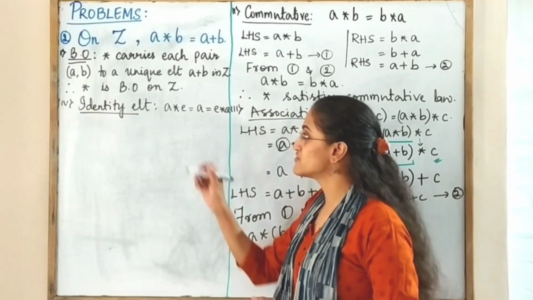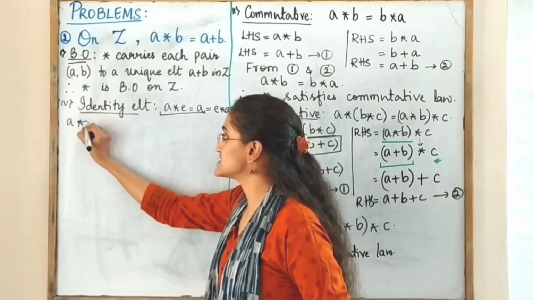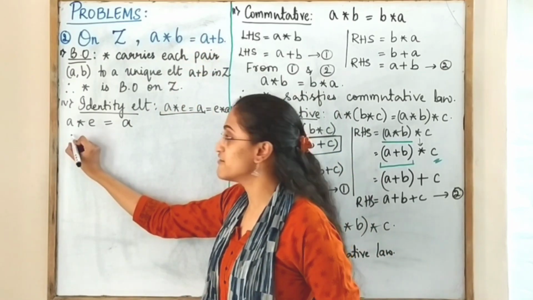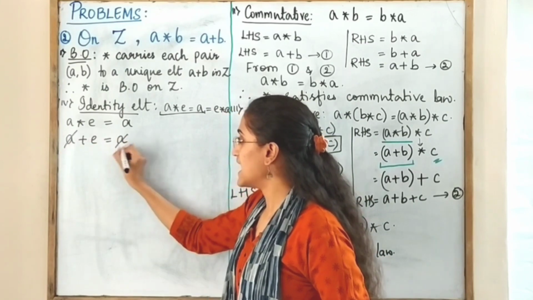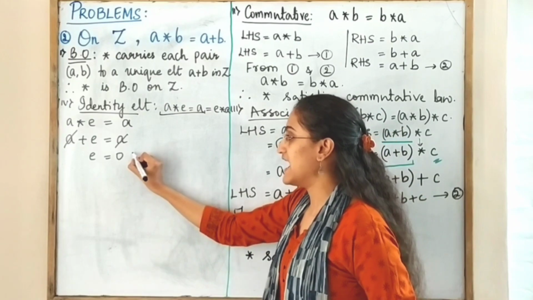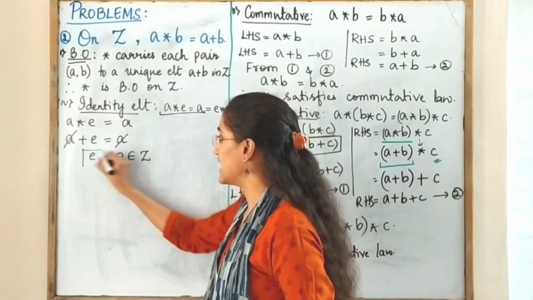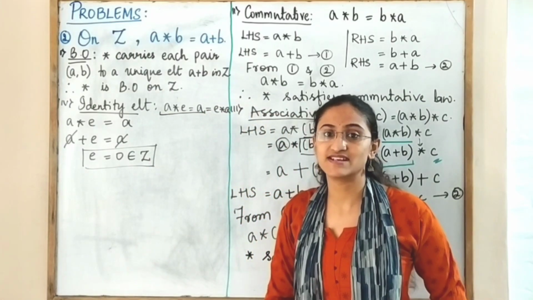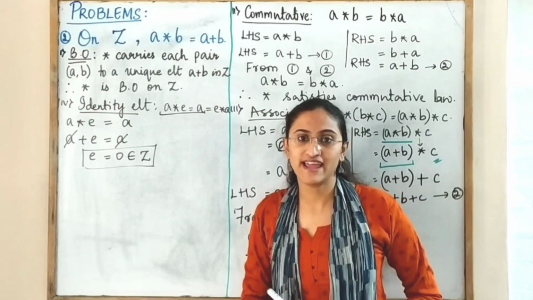We shall now start with the first part of the equation, A star E is equal to A. According to the operation, A star E will be A plus E, which gives back A. A and A get cancelled and we are left with E is equal to 0, and now 0 belongs to the set of all integers, and hence you can conclude that 0 is the identity element of the operation A plus B in the set of all integers.